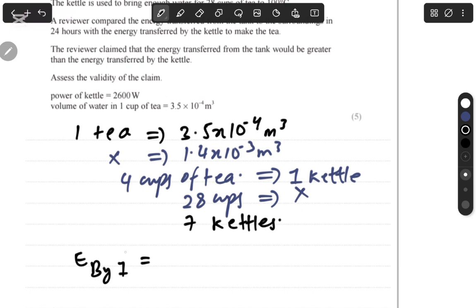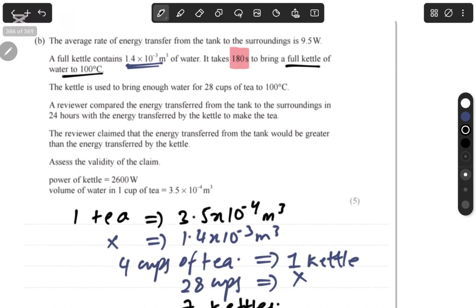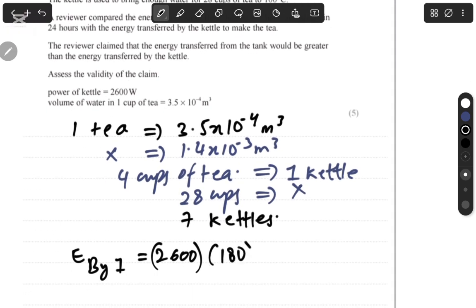So that's going to be 2600 watts times the time taken to heat a full kettle of water to 100 degrees Celsius, and that's going to be 180 seconds. Does it make sense? The energy transferred by 1 kettle to bring water to 100 degrees Celsius, and the kettle is full, it's packed with water.